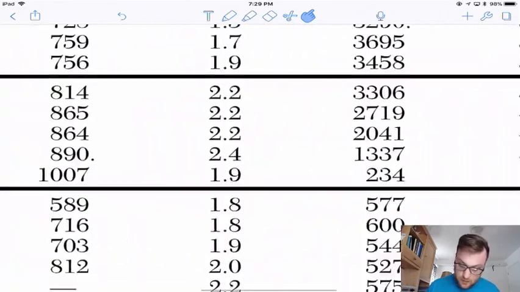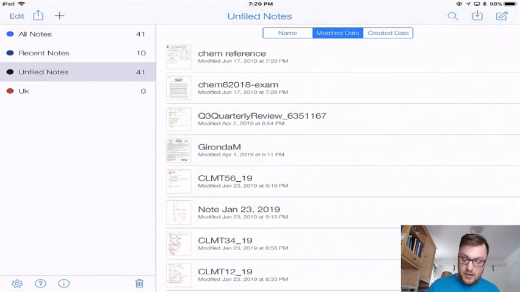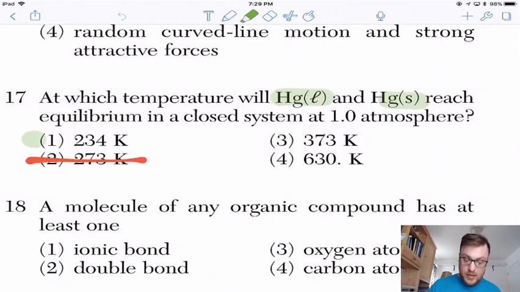And its melting point is 234 Kelvin. Again, you can imagine how many students put 273. A lot. You would probably be in good company if you did this on your own and thought it was 273. I would totally get it. It's a hard question.